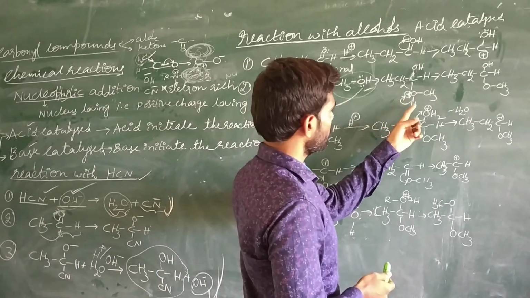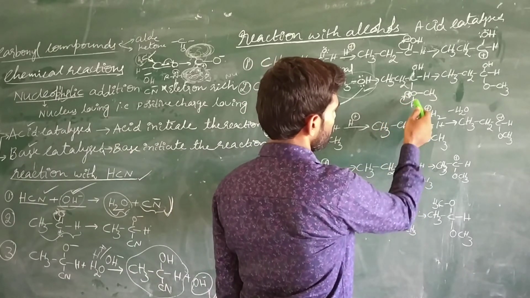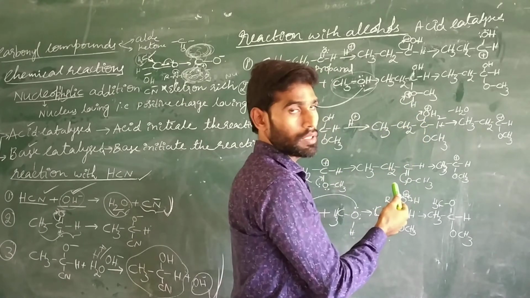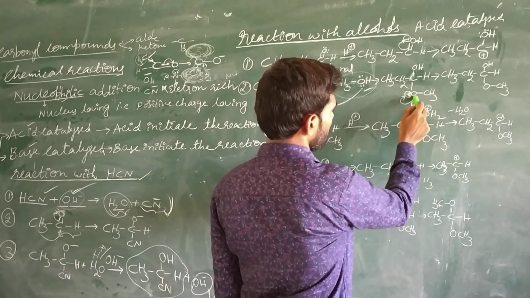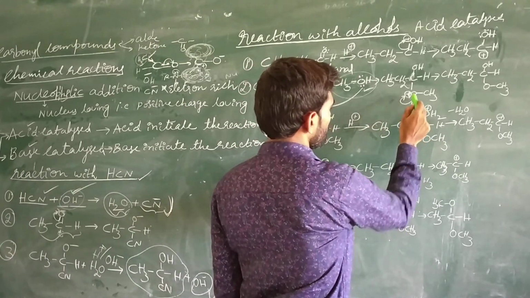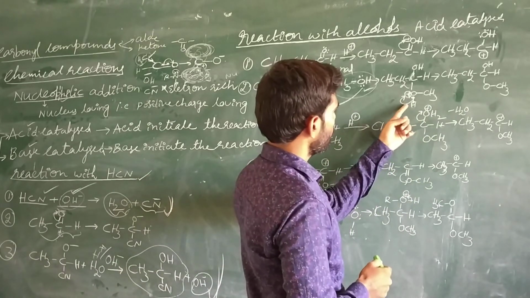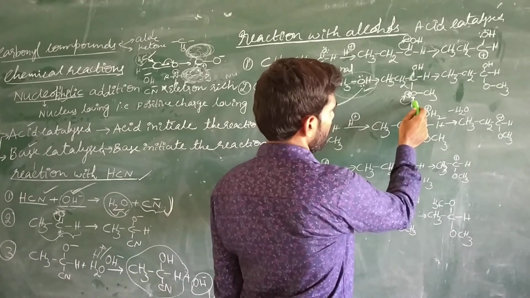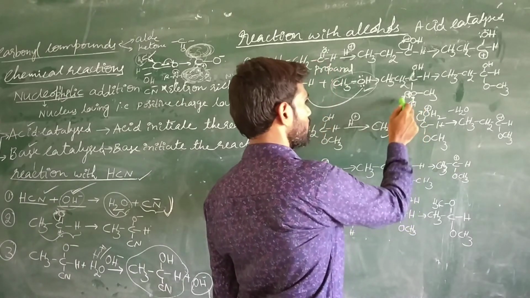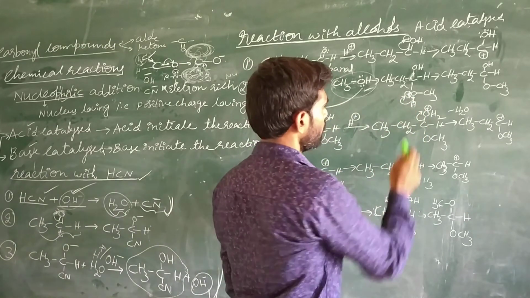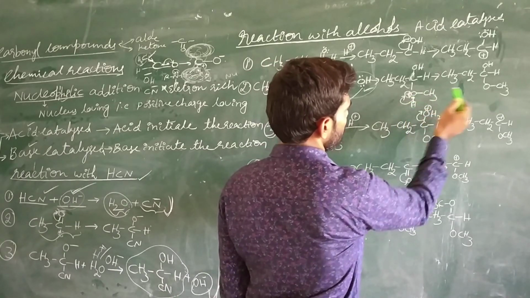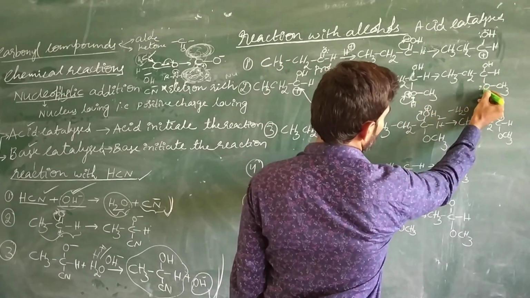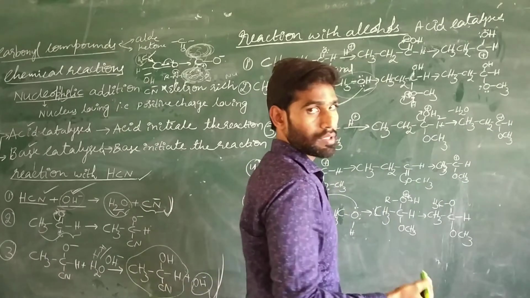So always the bond between the oxygen and hydrogen is broken. This is the covalent bond, mutual sharing of electrons between the oxygen and hydrogen, and the electron of hydrogen is also attracted by the oxygen. Now again oxygen is getting its lone pair. Again the valency of the oxygen is satisfied.